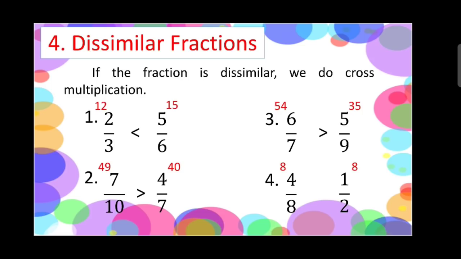Same sila. Ibig sabihin, same lang pala yung value ni 4 over 8, the 1 half. So, meaning to say, 4 over 8 is equal to 1 half. Okay? So, ganun lang po kadali. Kapag nakakita kayo ng dissimilar fraction, gagawin nyo lang po ay cross multiplication.